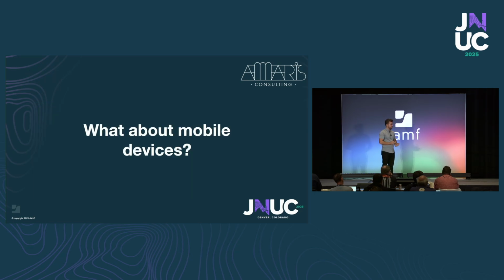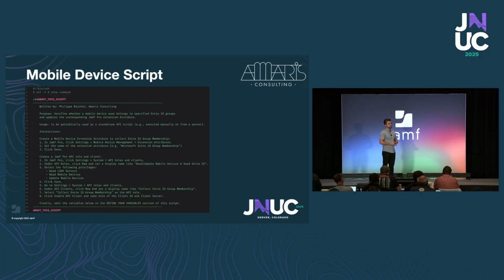All right, so what about mobile devices? For mobile devices, of course, you can't run a script on them. So I created a script that would have to be run on your Mac or on a server, manually or on a schedule. This script is simply going to loop through all of your mobile devices, collect the user and location information for each device, and from that, extract the email.